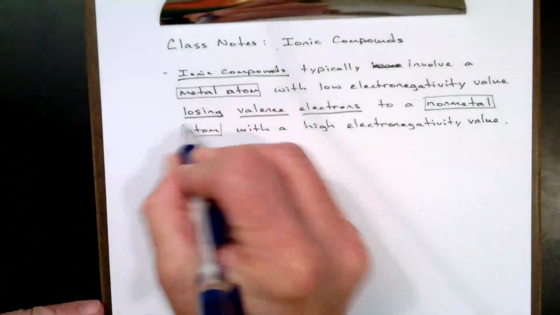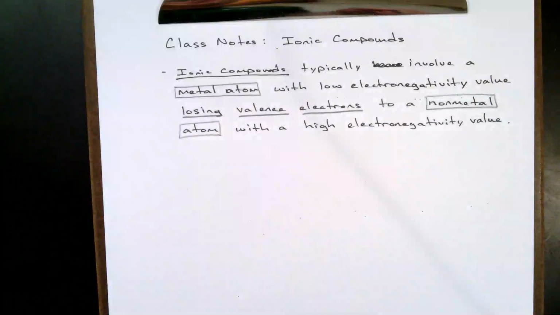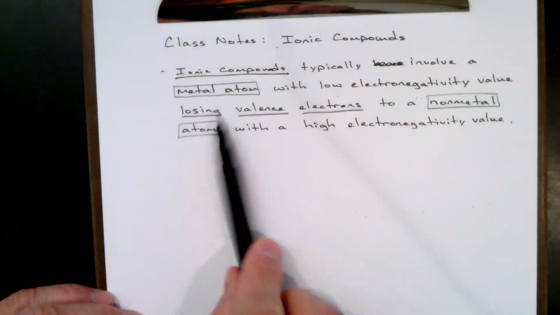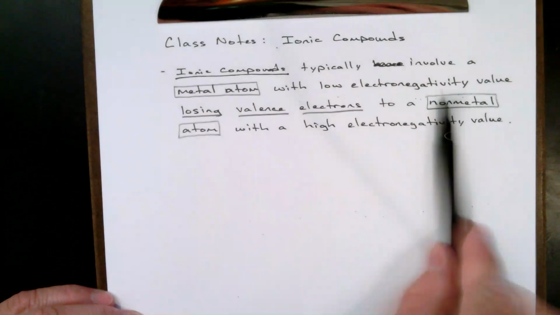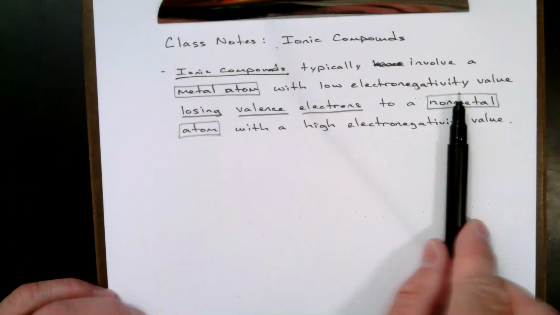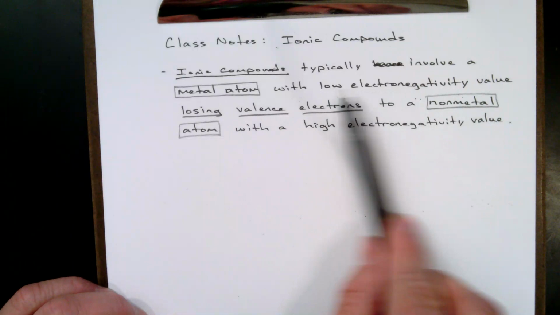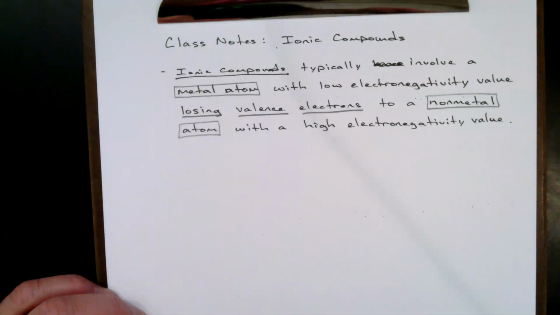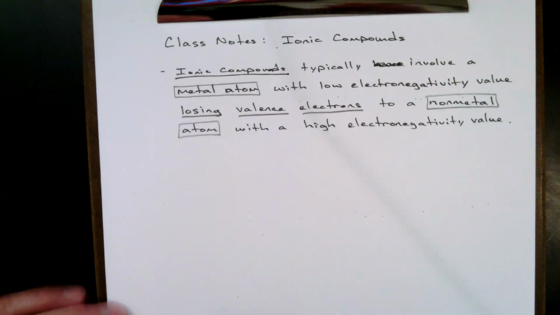The whole reason that this happens, the reason that a metal atom is going to give its valence electrons to the non-metal atom, is because the metal atom has a low electronegativity value, a low attraction for electrons.